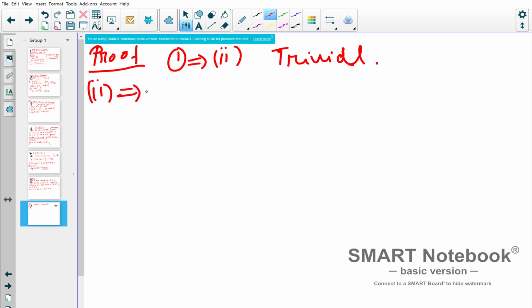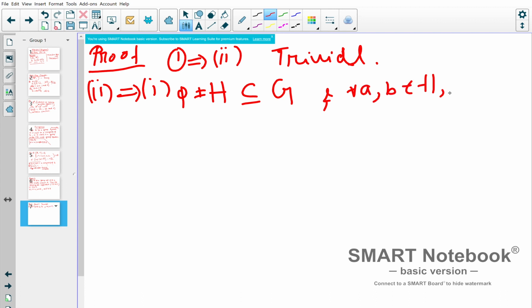2 implies 1. So what is given? Given that H is a non-empty subset of G, this is given to you, and for all A, B belonging to H, A B inverse is also an element of H. This is given.